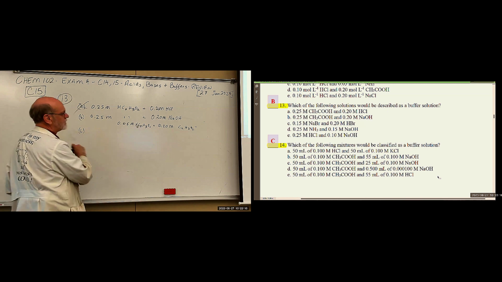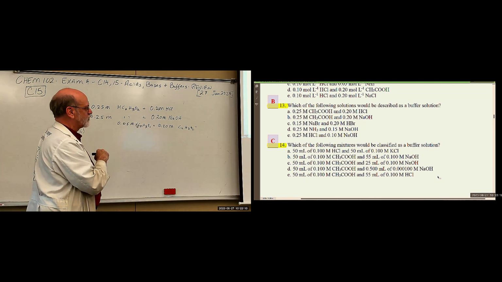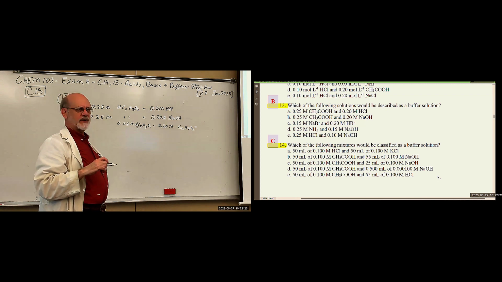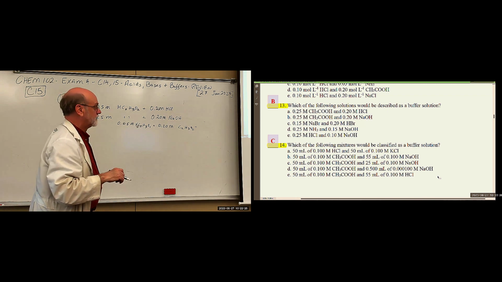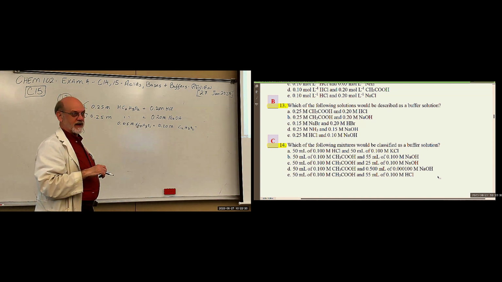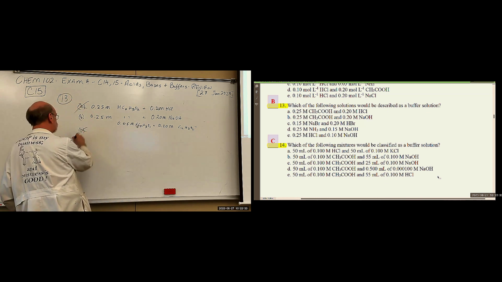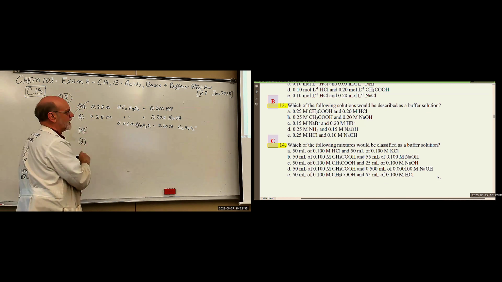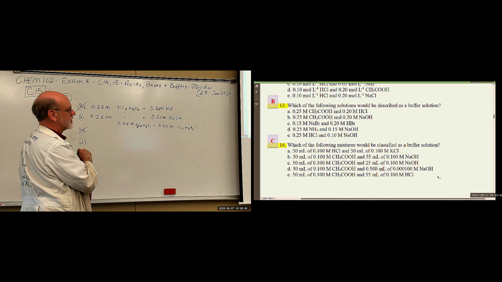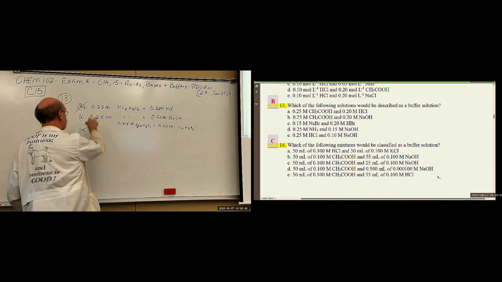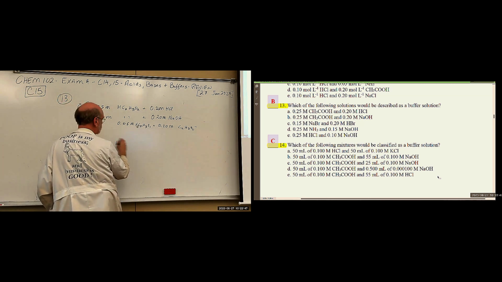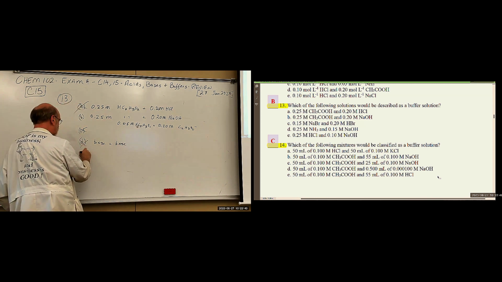C, sodium bromide and hydrobromic acid. Is that going to work as a buffer? No, hydrobromic acid is a strong acid. Right, so it doesn't matter how much conjugate base you mix with it, it's not going to act as a buffer. Right, so that was out. 0.25 ammonia and 0.15 sodium hydroxide. That's like this one. You're adding a base and a base. You're not going to get any buffer out of that one.